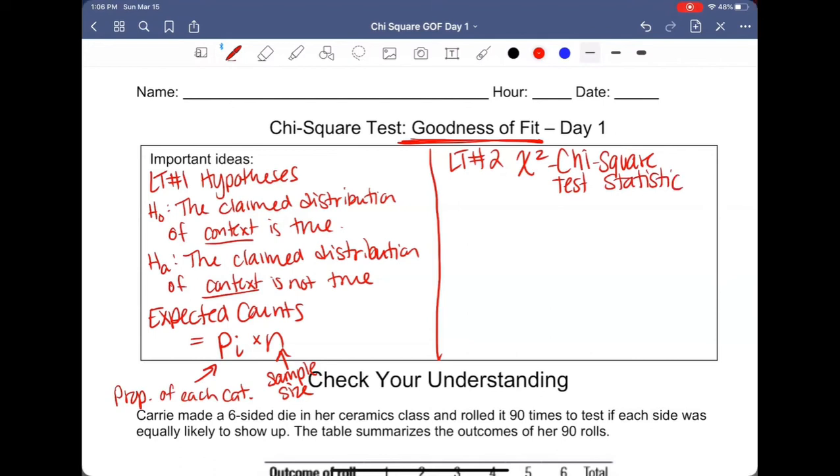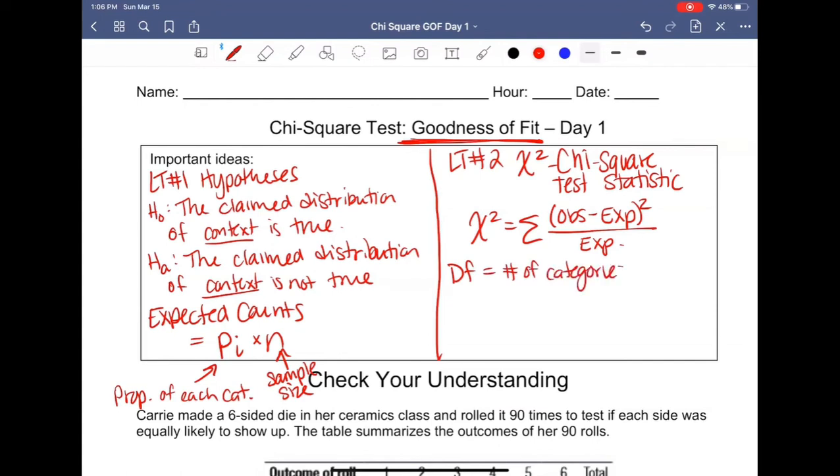And we find that by taking the sum of all of the observed values minus the expected values squared divided by expected. And then from there we need our degrees of freedom, which were your number of categories minus 1. And then you can go to table C to find the p-value.